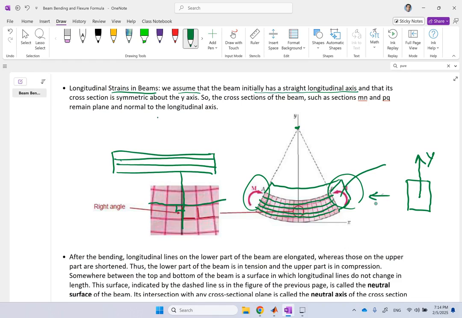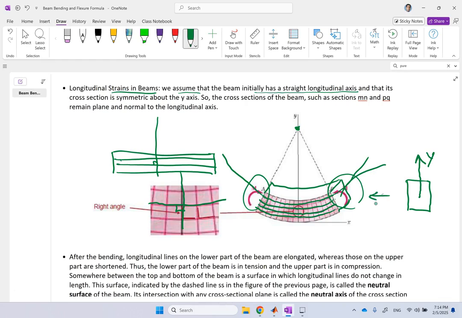Remember, originally the vertical lines and these horizontal longitudinal lines were at 90 degrees. Even after bending, they are still at 90 degrees, which again means that these are all parts of a circle, all centered at the same point. So those radii are perpendicular to the curves.